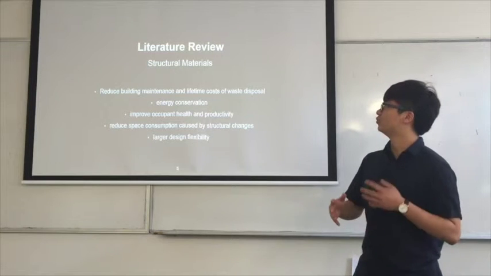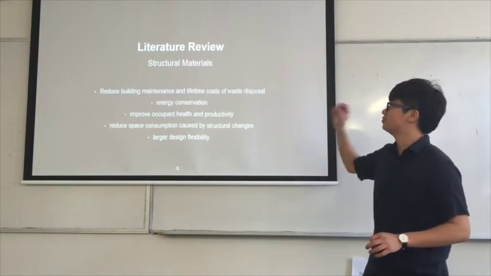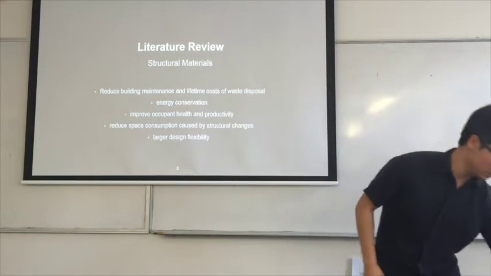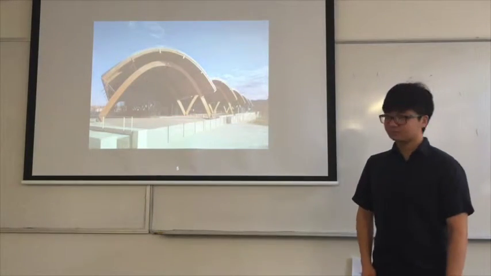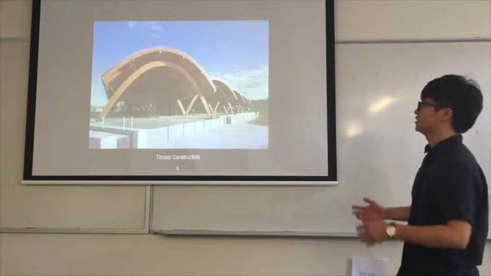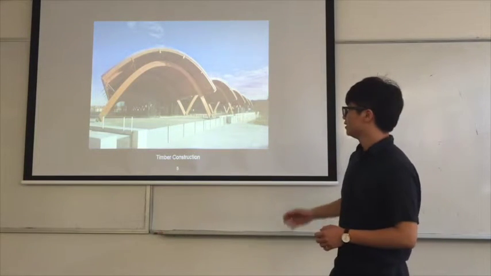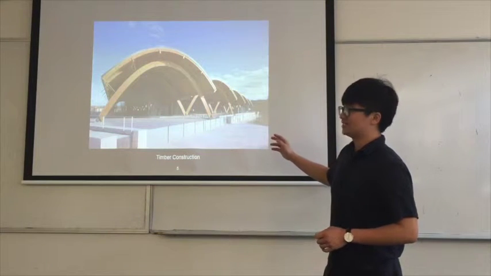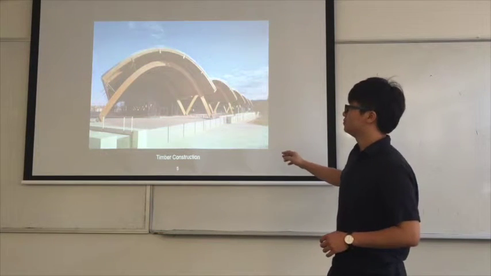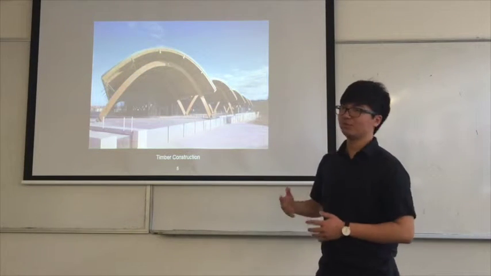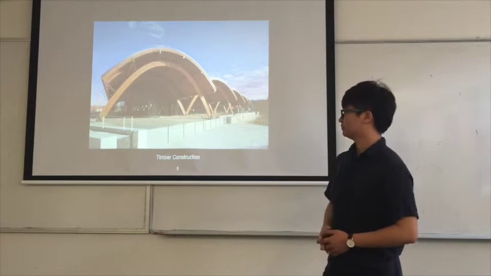That is a very important role for structure materials in sustainable construction design. This is a new material we call engineered timber. It can be used in an exhibition center or a museum, like this timber shape.